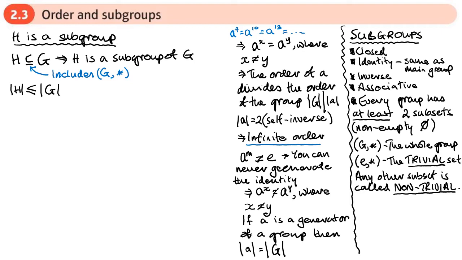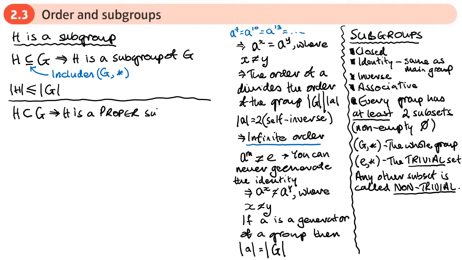Now, if we change the notation slightly, and we have just this rounded symbol like this, H is now what we call a proper subgroup of G. Now this does not include the group itself.